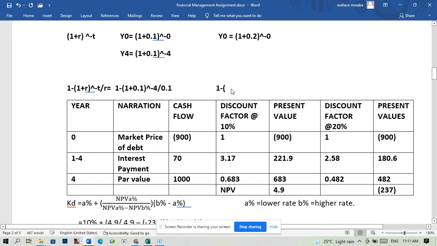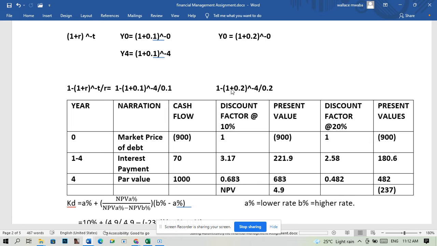It's 1 minus 1 plus 0.2 to the power negative 4, divided by 0.2.